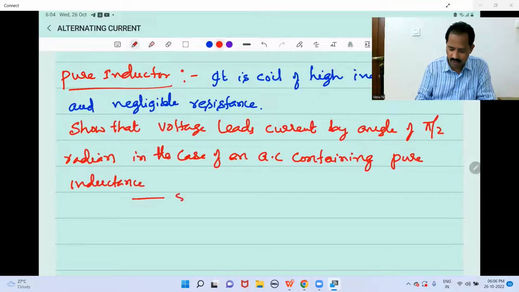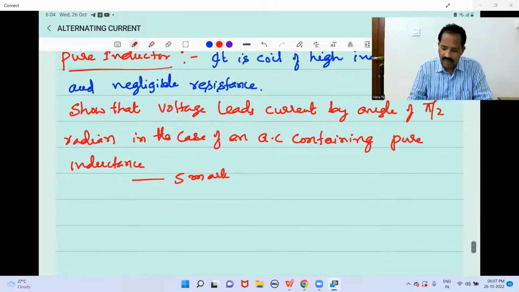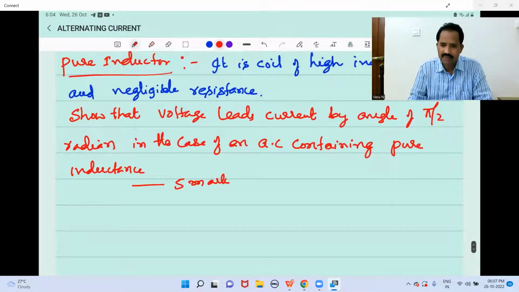It may be asked for 5 marks. Okay, look at this. Show that voltage leads current by an angle pi by 2 radian in the case of an AC containing pure inductance.